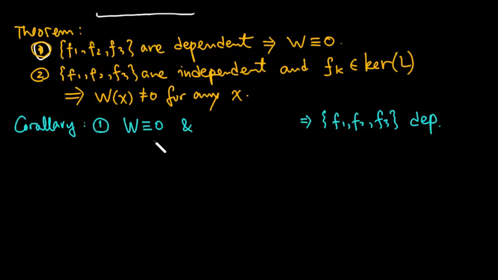So we have to add one more condition: these fk's that we're looking at are actually solutions of a homogeneous equation. They're coming from the kernel. If we have this additional condition in there, then we can conclude the dependency.